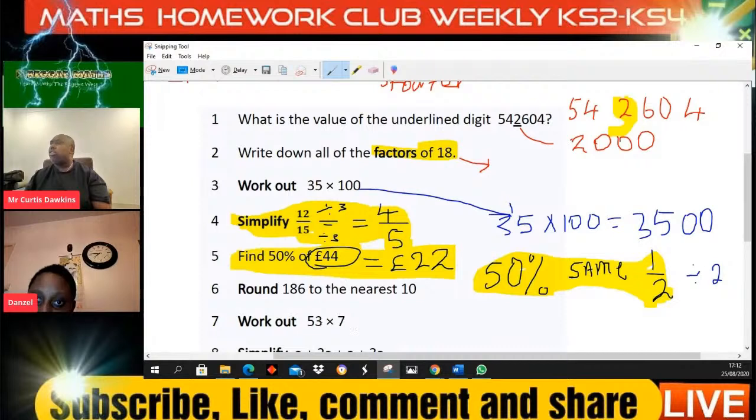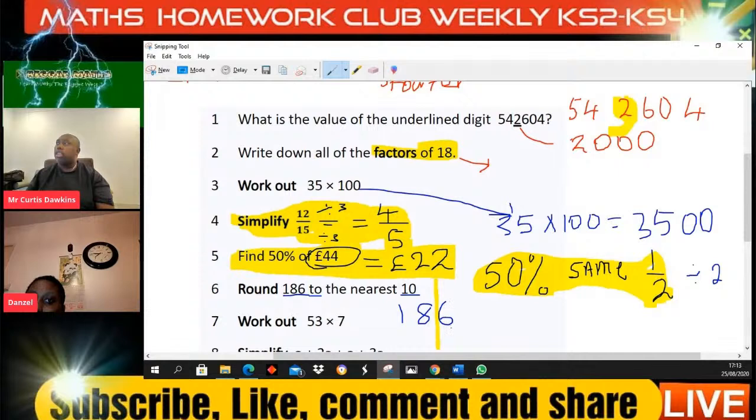Next question here, it says round 186 to the nearest 10. So 186, right? You need to go between the 10 and the unit. This is unit, this is your 10.